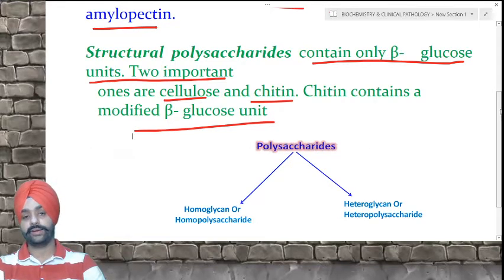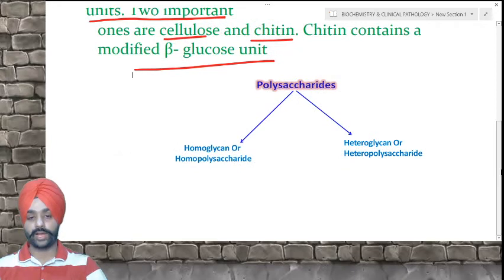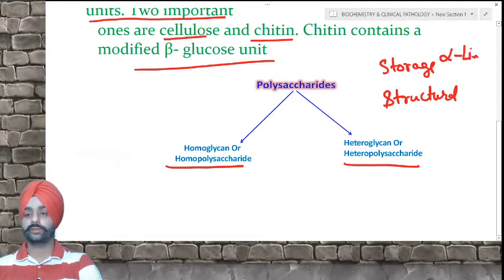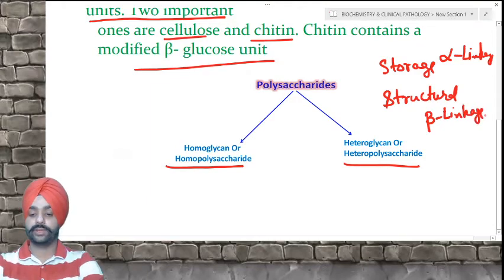So, polysaccharides are basically classified into two types: homopolysaccharides and heteropolysaccharides, or they can be storage polysaccharides or structural polysaccharides. The storage polysaccharides always consist of alpha linkage and structural ones consist of beta linkage. So, now let us discuss them in detail.